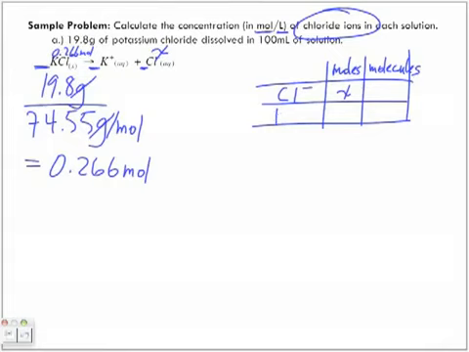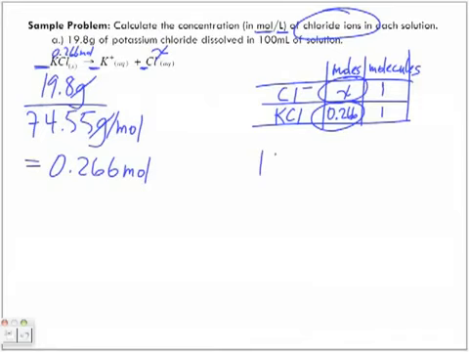Now, what's our given? Our given is potassium chloride, which is 0.266 moles. In this reaction, the ratio is 1-to-1. Because it's 1-to-1, whatever the moles are for our given is going to equal the moles of our unknown.